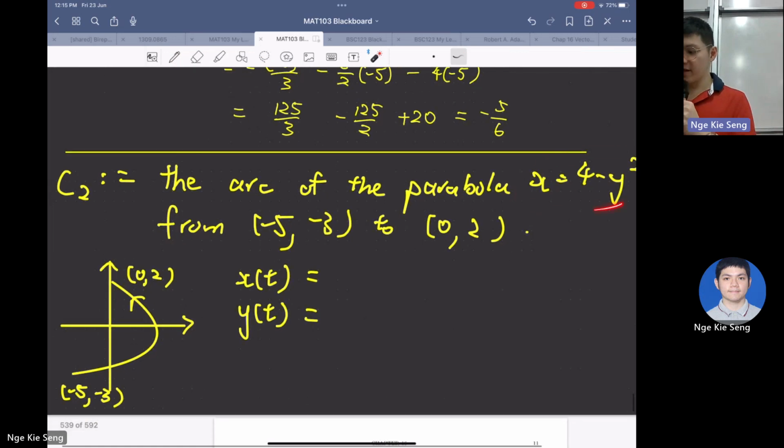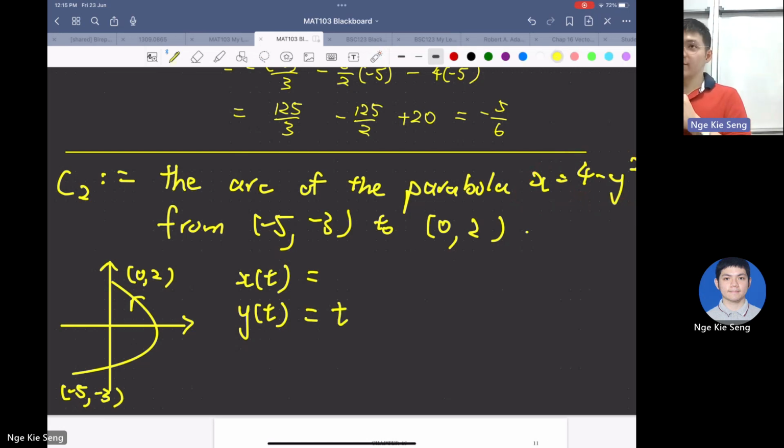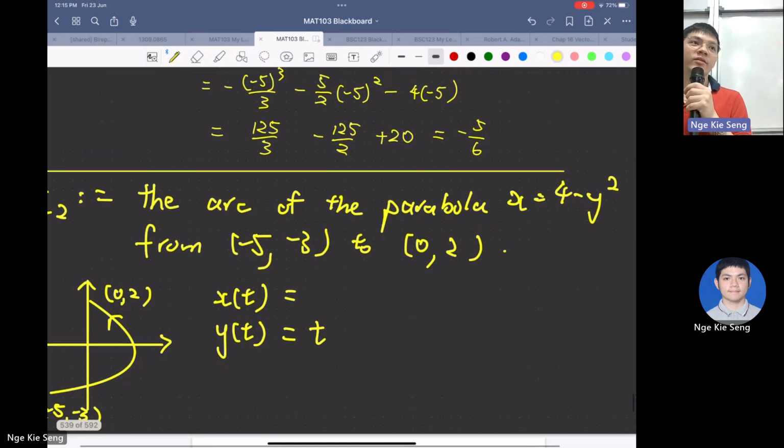What does this equation tell you? x depends on y. So what can you do? You set y as a parameter t. Then x depends on t: 4 minus t squared.